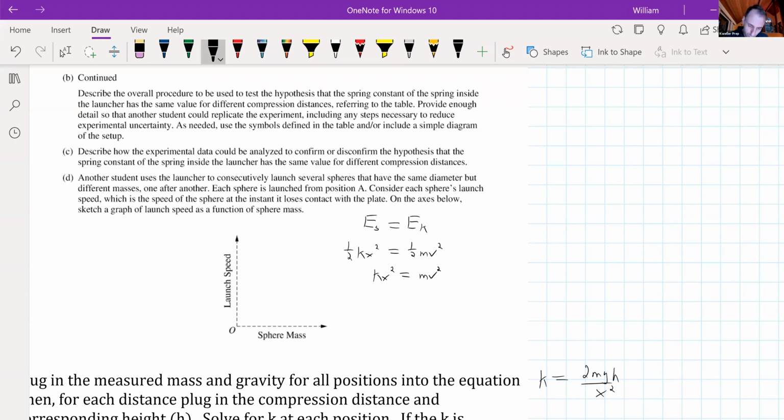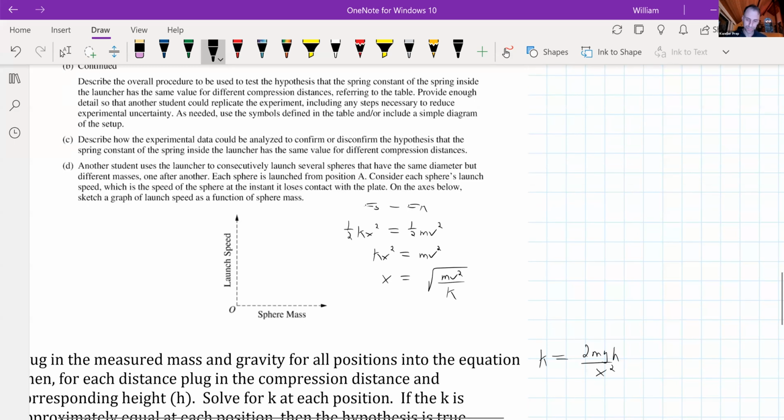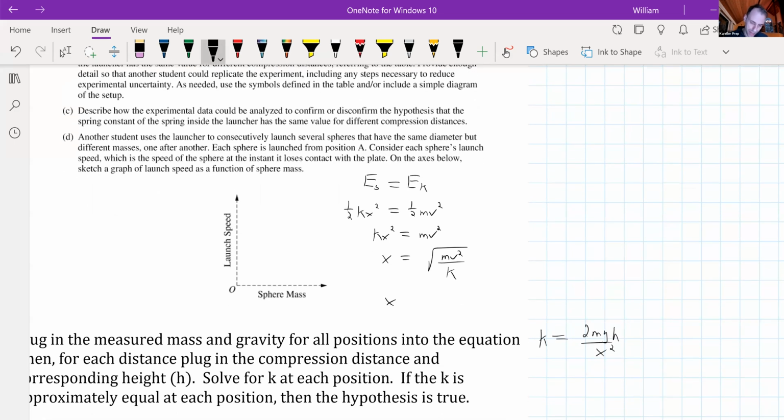We could say x is equal to the square root of mv squared over k. You could pull the v out if you want, it doesn't matter for this. By the way, I've seen this, but you don't have to take it to this.